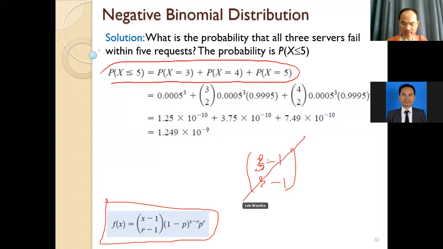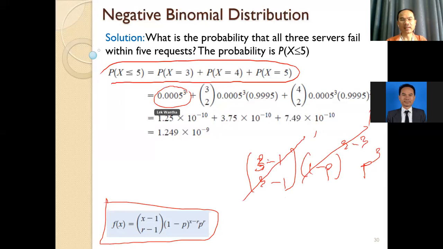Then (1 minus P) to the power 3 minus 3, and P to the power 3. This is also equal to 1, so you get P to the power 3.